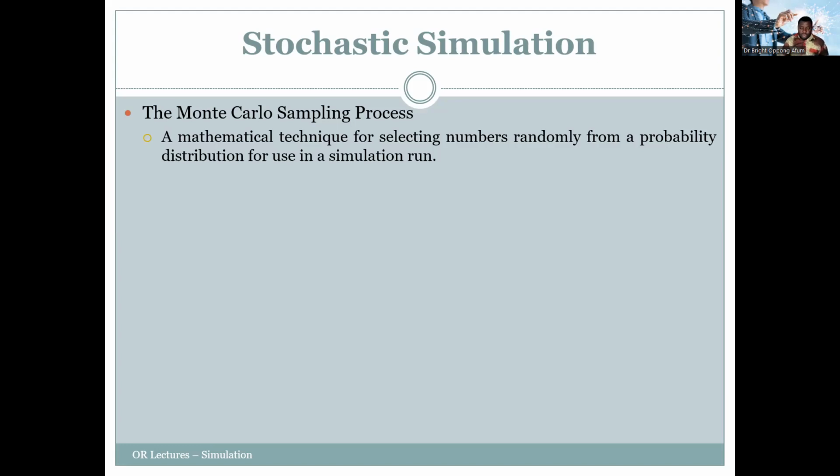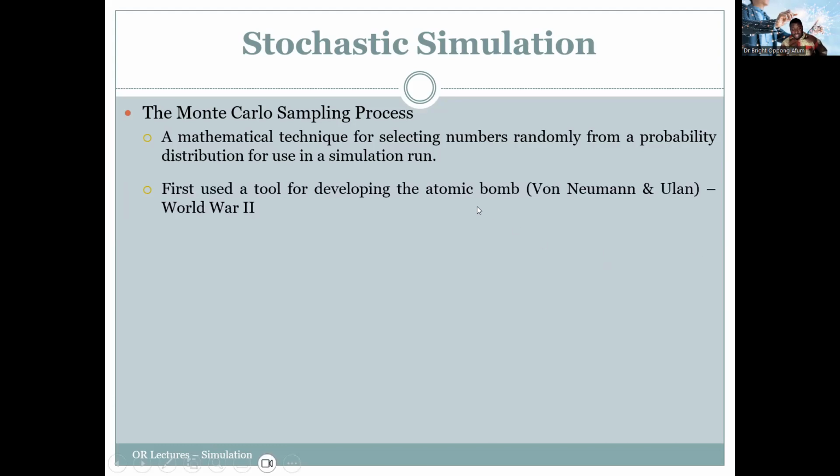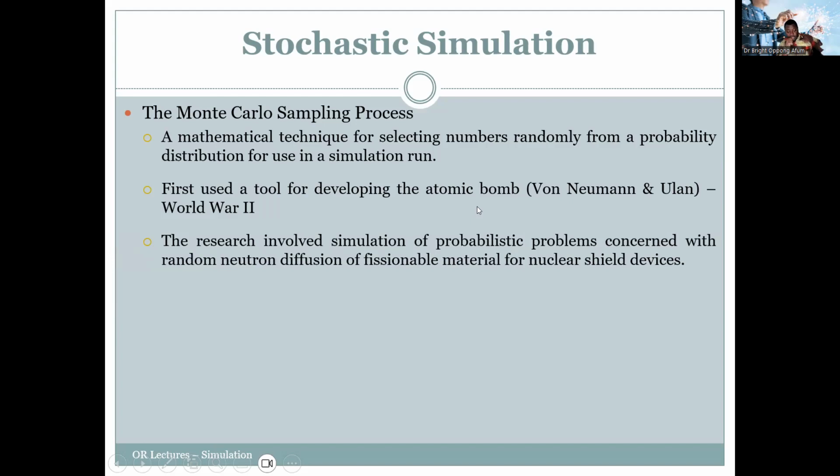So the technique actually originated in World War II, and is attributed to von Neumann and Holland, who used the technique as a tool for developing the atomic bomb. The research involved simulation of probabilistic problems concerned with random neutron diffusion of fissionable material for nuclear shielded devices.